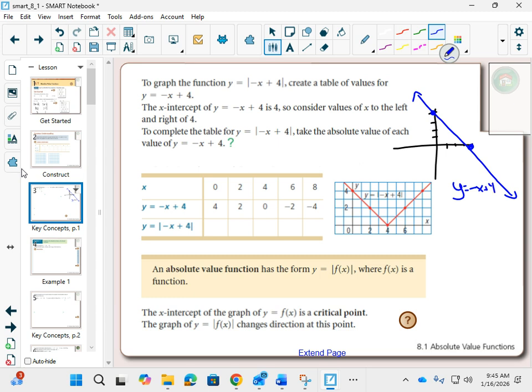Now, what do the absolute value bars do? They say after you've simplified, it'll make things positive. So if I plugged in 0, I would get 4, and if I did the absolute value of 4, I would still get 4.